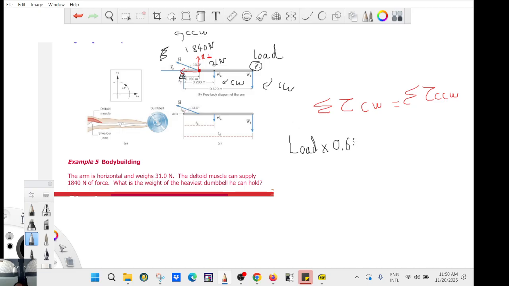So 0.620, plus this, which is the weight of your arm, which is 31, times 0.280, equals this: 1840, you have a sine, and the distance is 0.50. Okay? So Newton on one side, Newton on the other side is fine. Meters on one side, meters on the other side, it's fine. You can use centimeters.